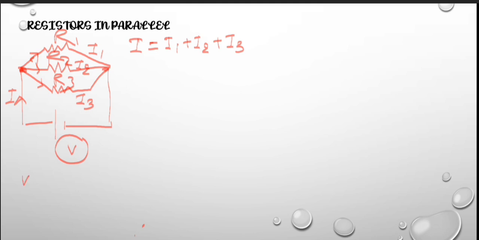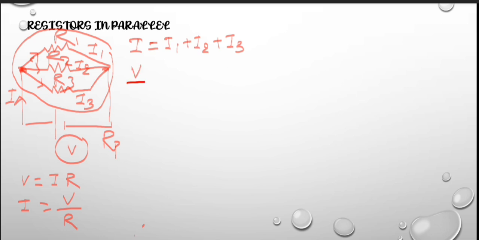Students, we know the formula that V is equal to IR from Ohm's law. Therefore, we can write I is equal to V upon R. Clear? And here, students, let us consider the overall resistance of this parallel circuit be Rp. Here, it can be written as V upon Rp is equal to, again, the potential difference for all the three resistors is the same, therefore it is equal to V upon R1 plus V upon R2 plus V upon R3.